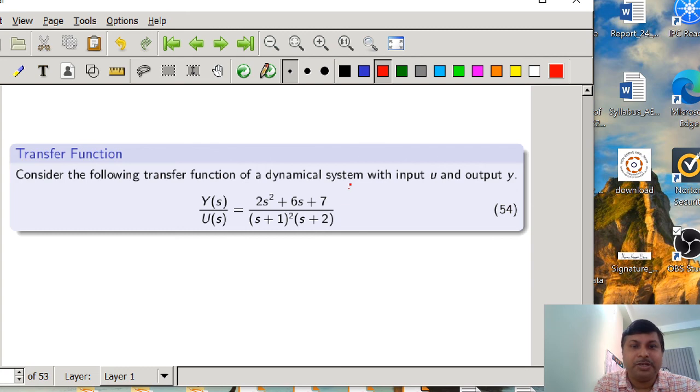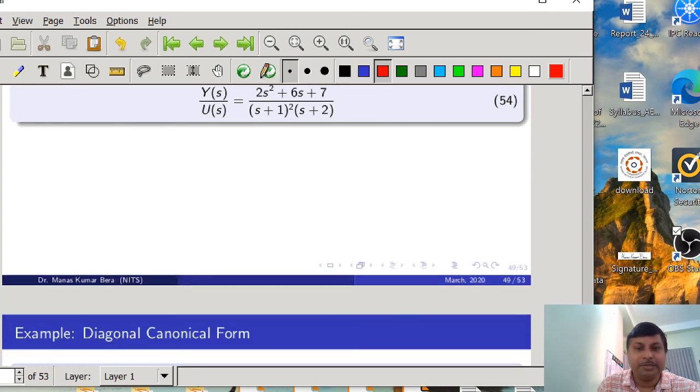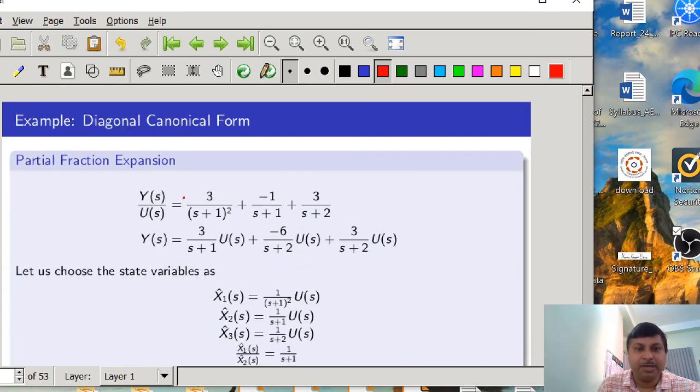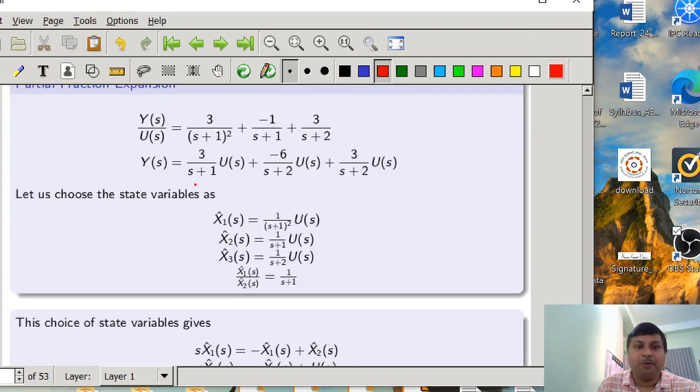We will try to understand it using a small example, where you can see the transfer function is taken with s plus 1 whole square, so the pole at minus 1 is repeated two times. So how can we represent this in Jordan canonical form? As the first step, we have to find the partial fraction expansion, which will be expressed by 3 by s plus 1 whole square, plus minus 1 by s plus 1, plus 3 by s plus 2, and the output equation can be written by multiplying Us.